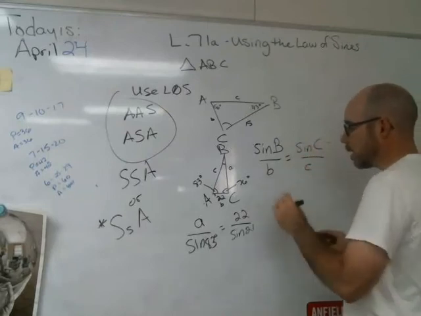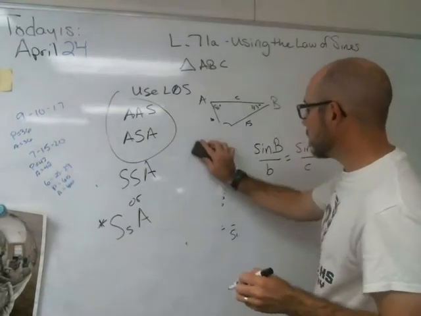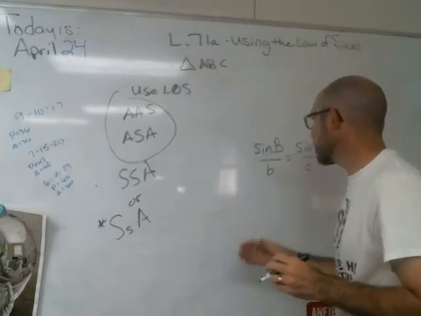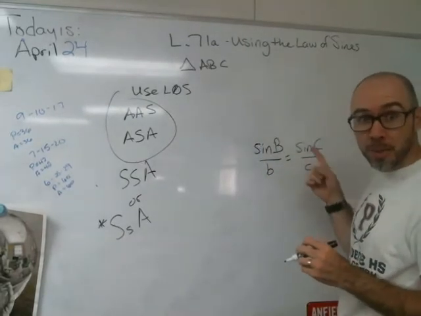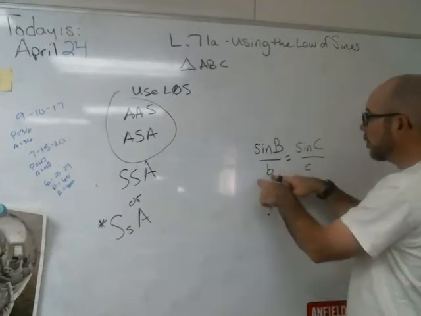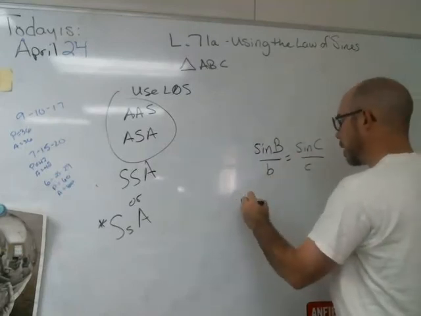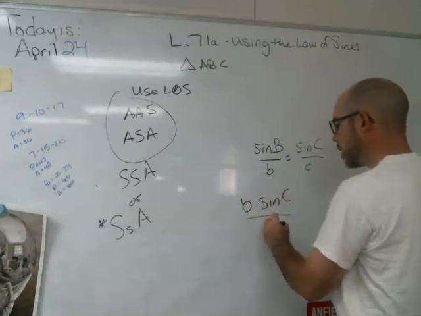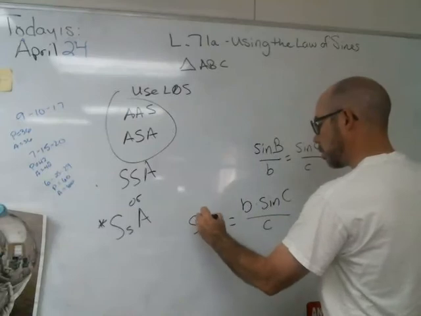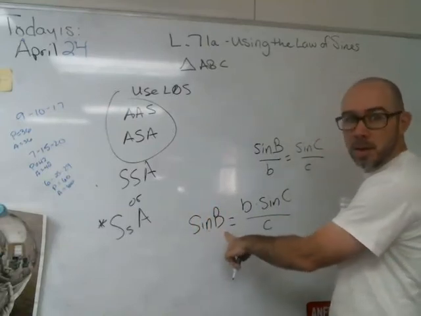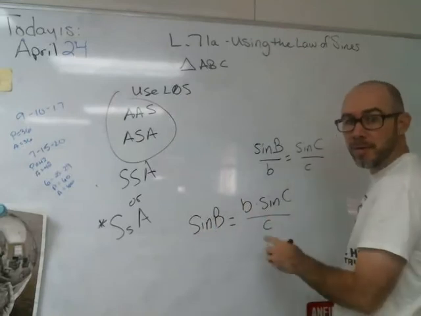Let me just quickly say that if you do get a situation where you're setting it up like this and you want to solve for angle B, here's what you're going to have to do. We're going to have to move side B over to that side to get B times sine of C over C. And then to get just the angle and not the sine of the angle, we're going to have to take the inverse sine of both sides.